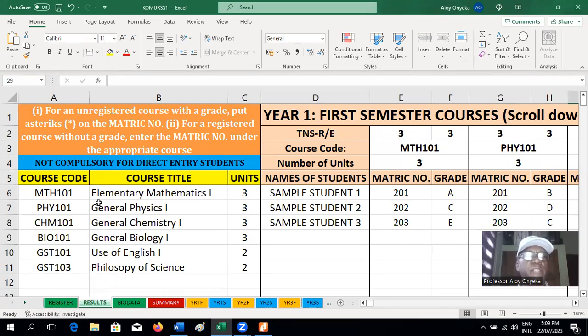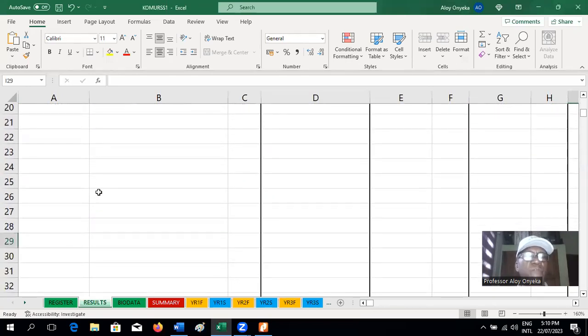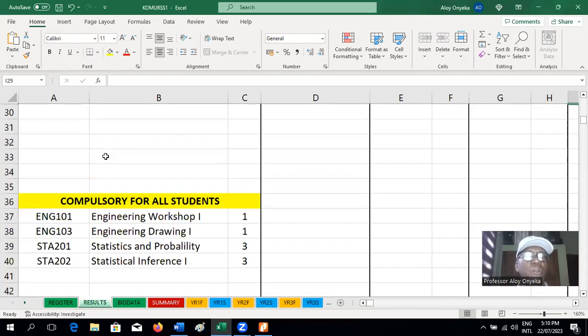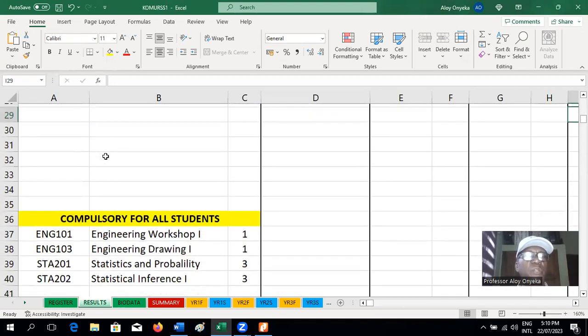You can see this first place is where we enter courses that are compulsory for UTME students, but not compulsory for direct entry students. 100 level courses that are compulsory for UTME students, but not compulsory for direct entry students. So you enter them here.